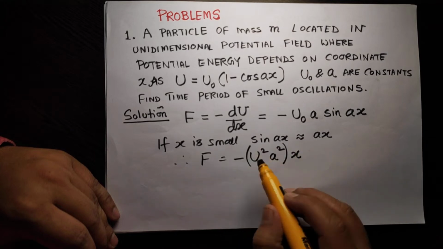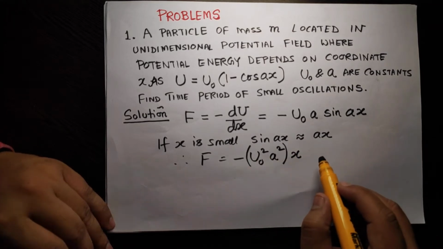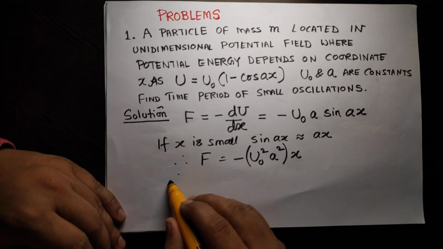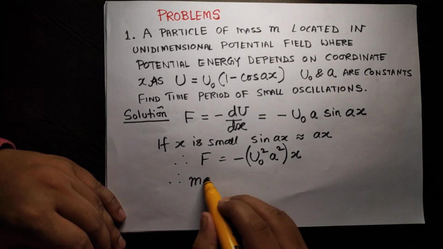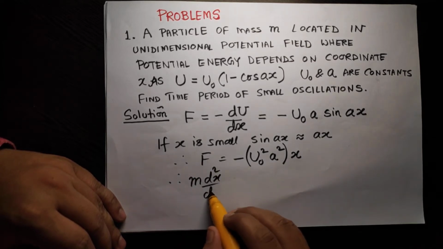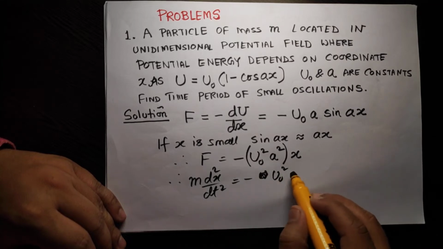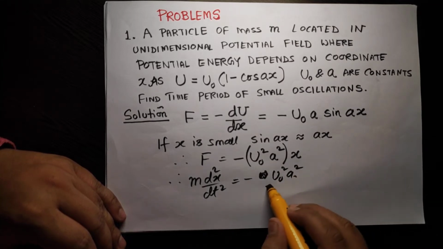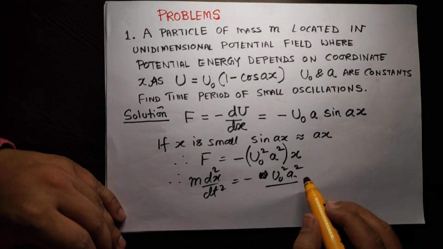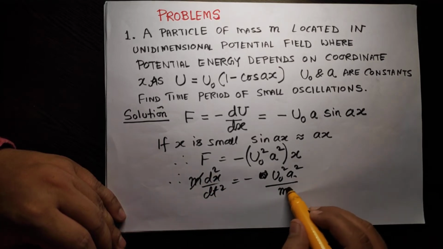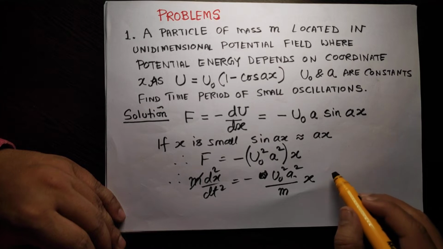So this is like minus kx, therefore mass m d2x dt2 is equal to minus U naught a square into x.